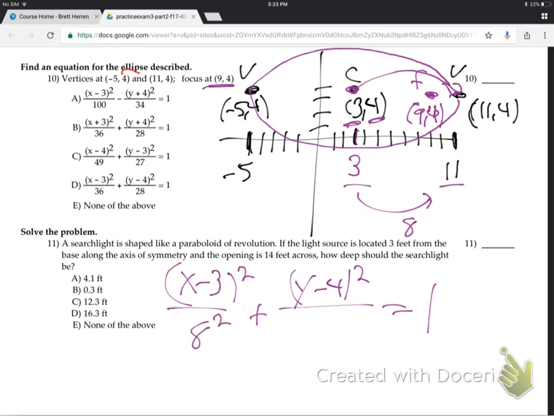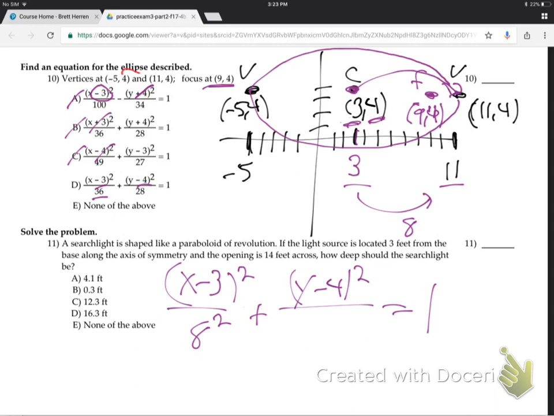I don't know what's under y, but that's enough to eliminate the possibilities. It's got to be x minus 3, y minus 4. This one is minus 3 but plus 4, so A's out. Plus 3, B's out. Minus 4, C's out. Minus 3, minus 4, that's the only one with the right center.